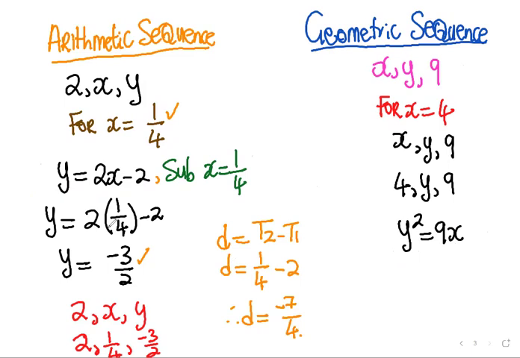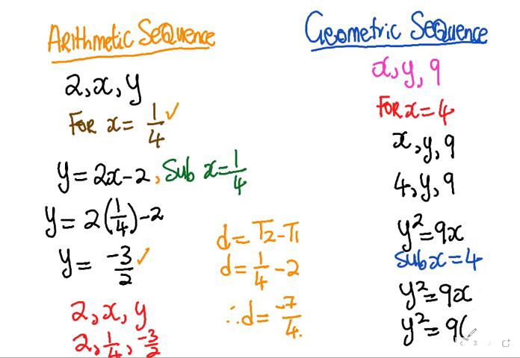We're going to simply substitute x equals what? x equals 4. So when we're substituting x equals 4, remember it's y squared equals 9x. So it will be y squared equals 9 into, now we are substituting, in place of x you put 4, right? So remember you're having y squared equals 9 into 4.